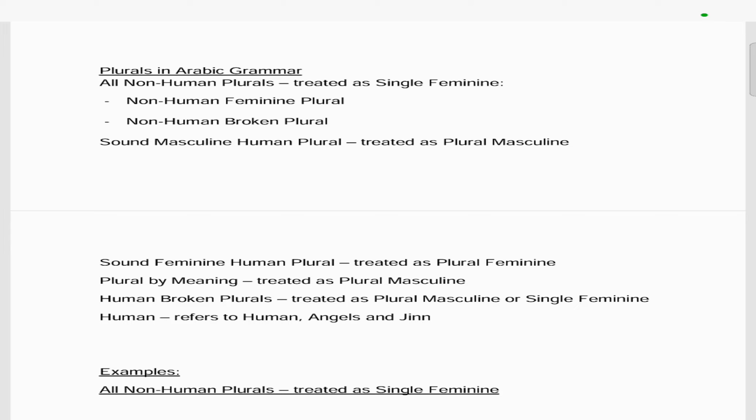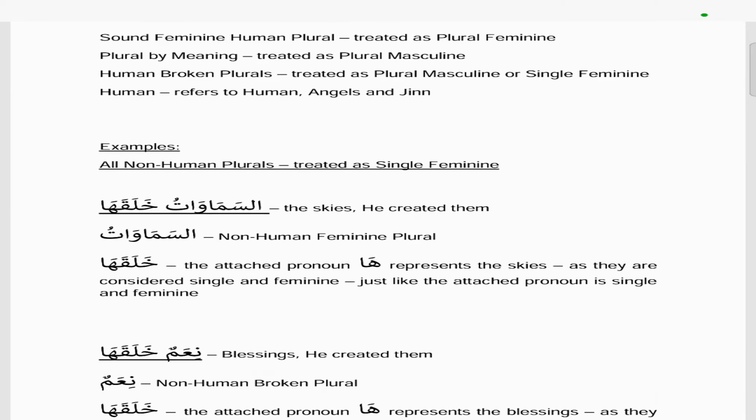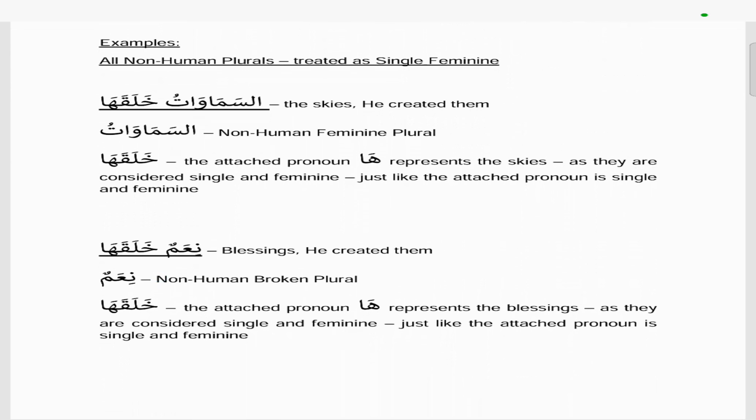Sound masculine human plurals are treated as plural masculine, and sound feminine human plurals are treated as plural feminine, and plural by meaning is treated as plural masculine, and human broken plurals are treated as plural masculine or single feminine. And humans always refers to humans, angels, and jinn. So whenever you see humans in Arabic grammar, it refers to humans, angels, or jinn. We'll have some examples here that explain this in a little more detail.